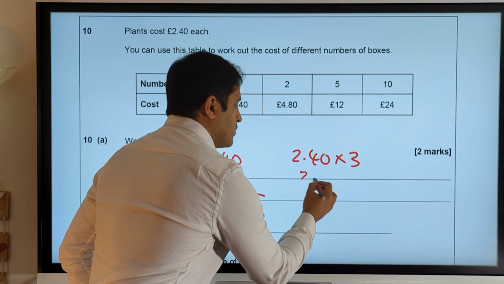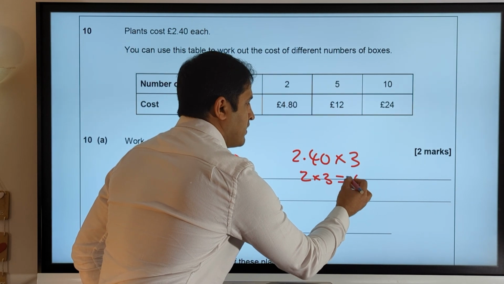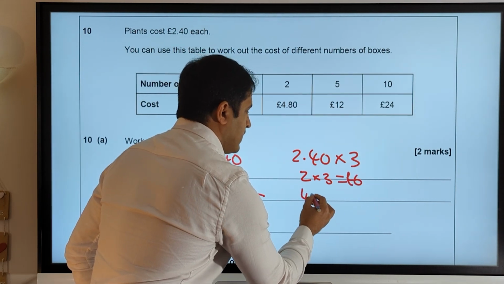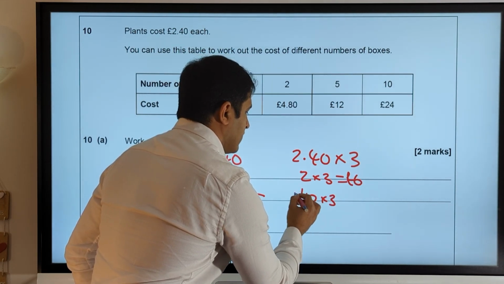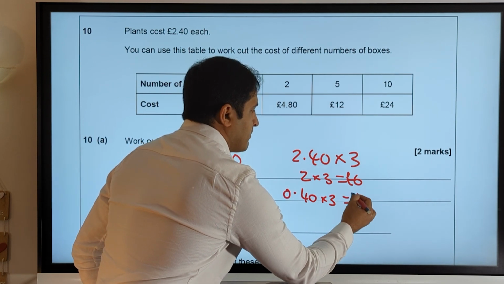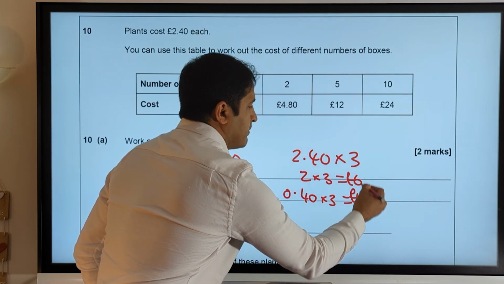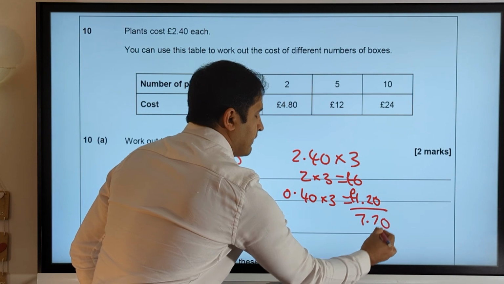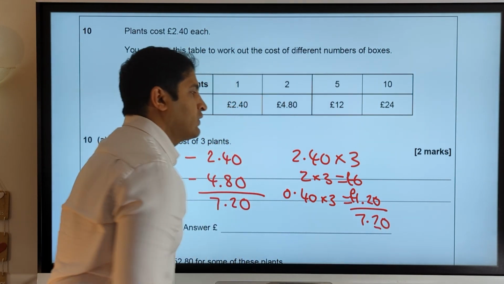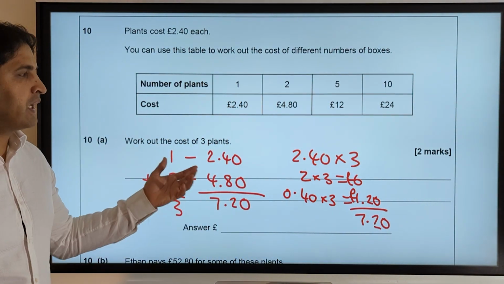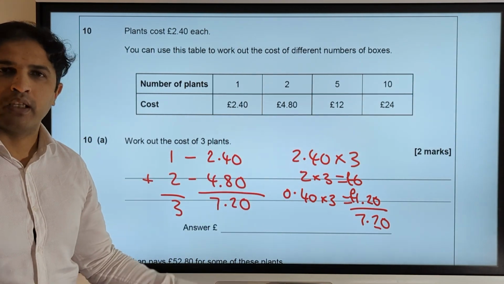So I can do 2 times 3 is £6, and 40 times 3 gives you £1 and 20p. So we get 720 again. It's a non-calculator paper, so you will have to find a way to do 240 times 3.